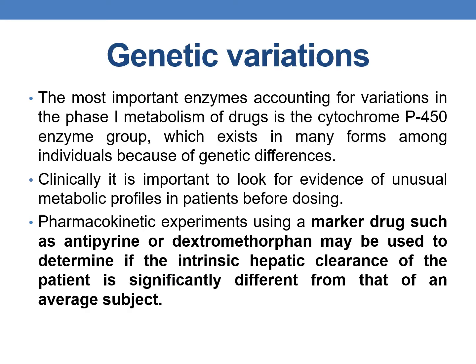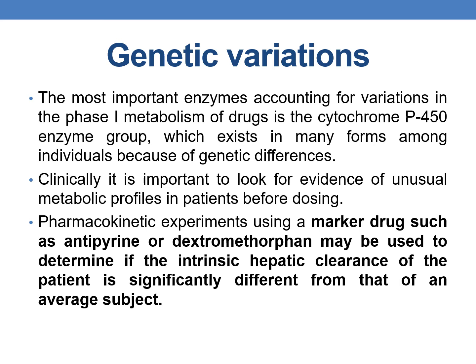Coming to the genetic variations, the most important enzyme group accounting for variations in the phase 1 metabolism of drugs is the cytochrome P450 enzyme group. Clinically, it is important to look for evidence of unusual metabolic profiles in patients before dosing.